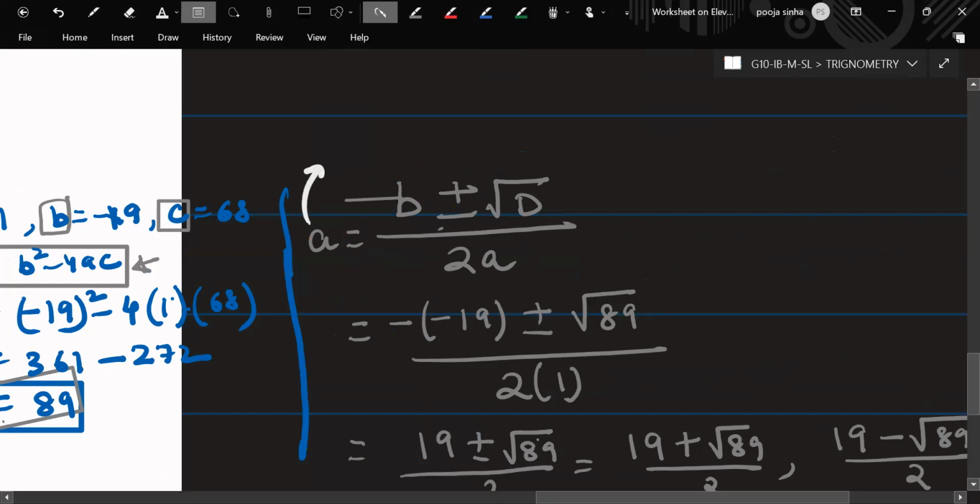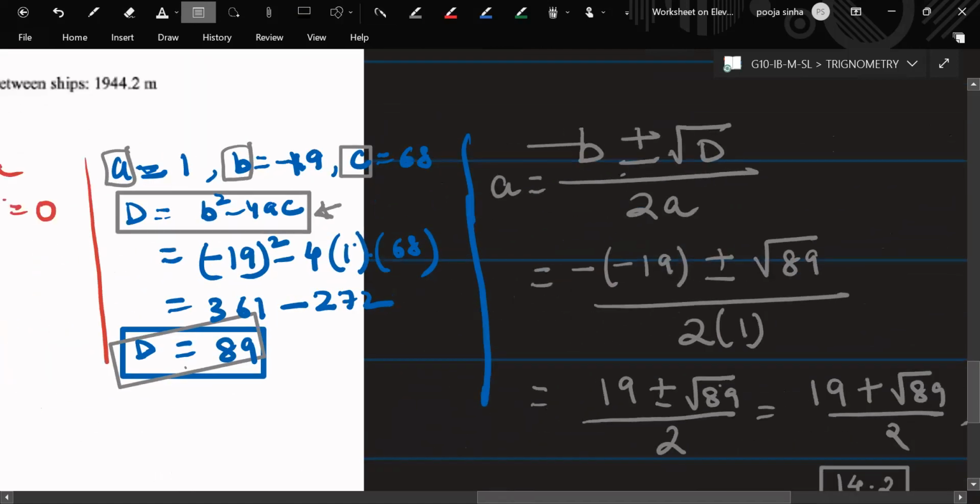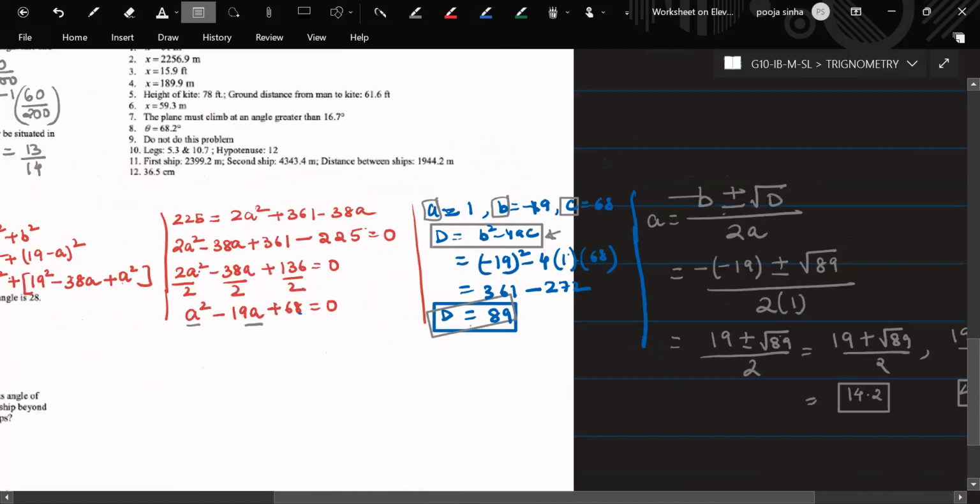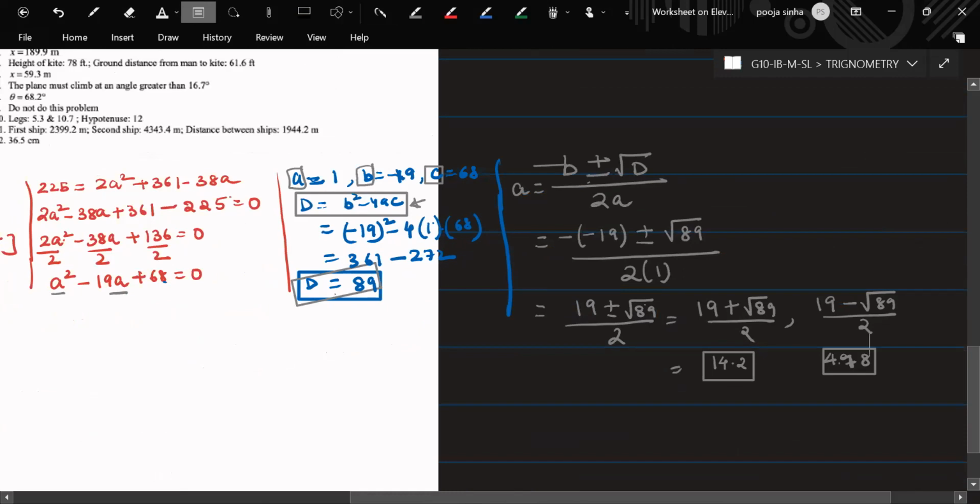X is equal to minus B plus minus root D upon 2A. Minus B is this B, which is minus 19. Plus minus, so we wrote plus minus. And D we found out, which is B square minus 4AC. That is 89, so under root of 89.